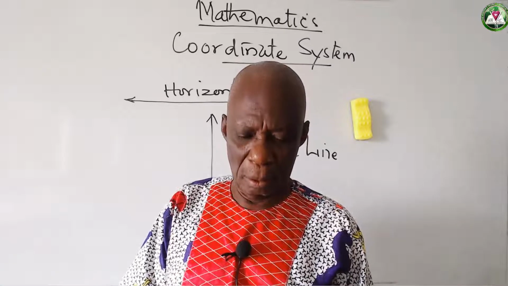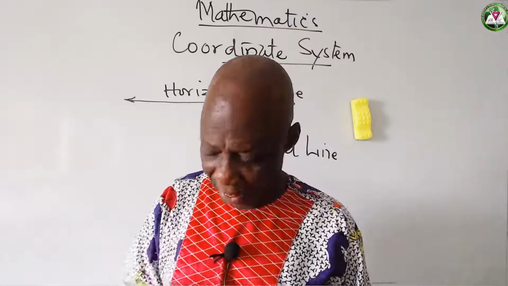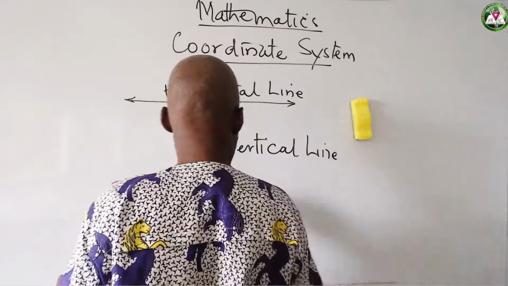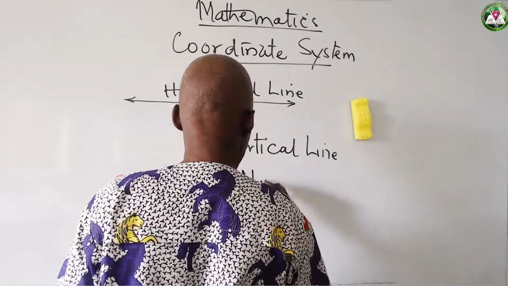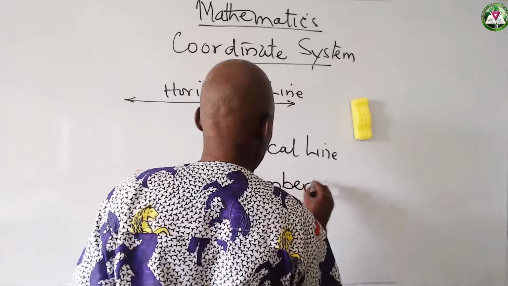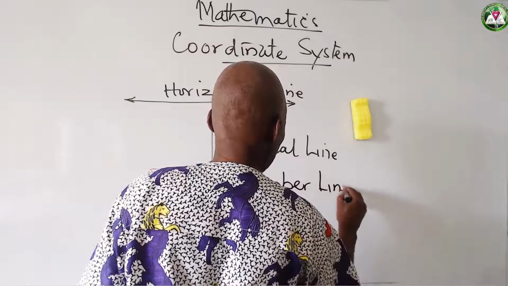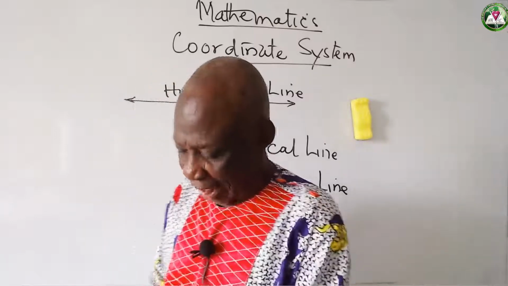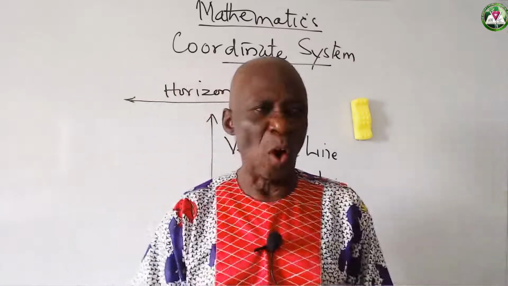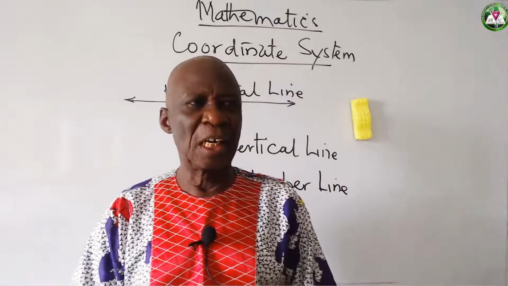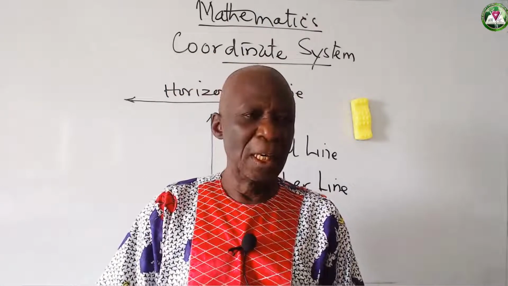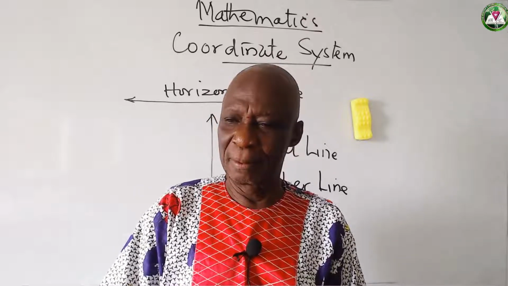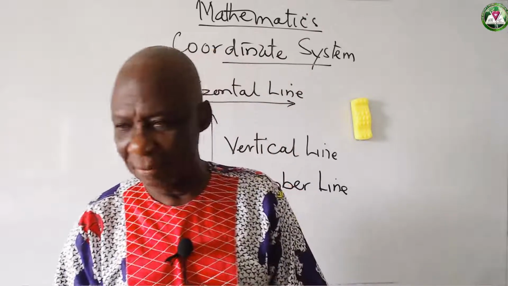Now, the next thing that we have to look at is the number line. We have already seen two lines now, one horizontal, the other vertical. And we are talking about another line, number line. What does that imply?